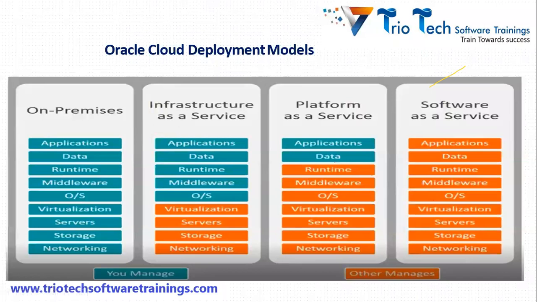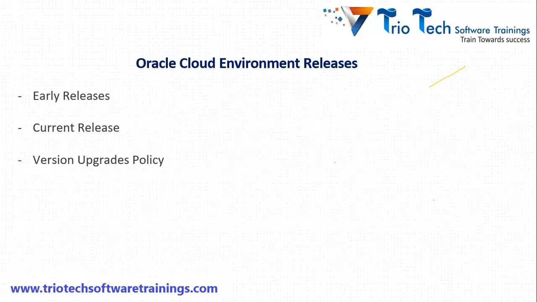Now, to understand the Oracle cloud or Fusion cloud environment releases, it is important to understand the different releases that Oracle has been providing over the decades. I would not say years, but decades. It is there for decades.